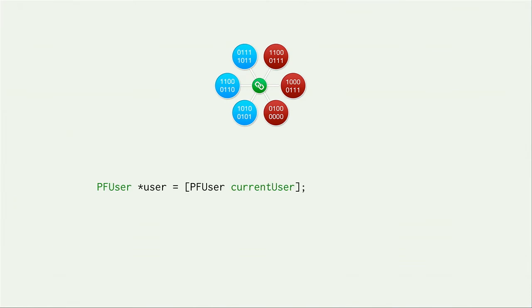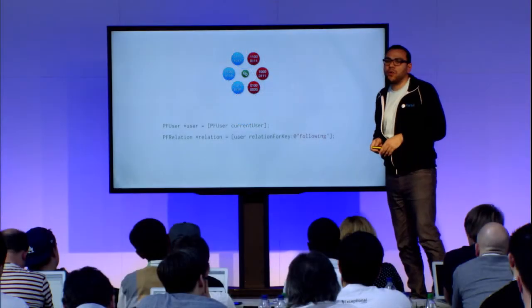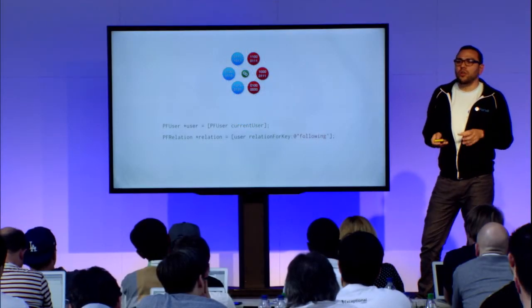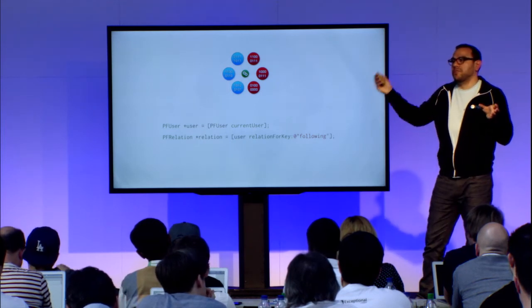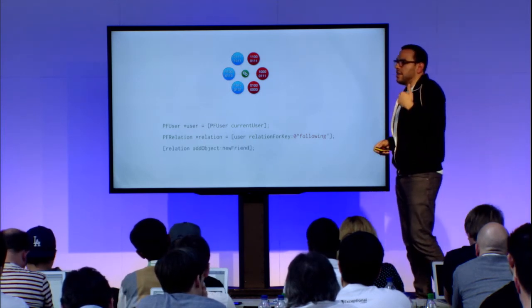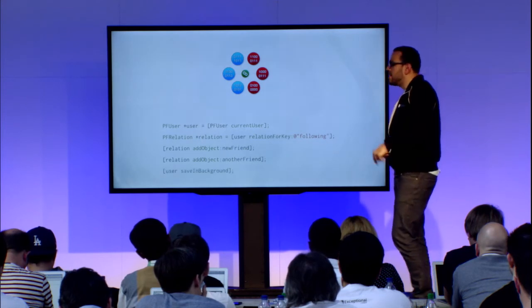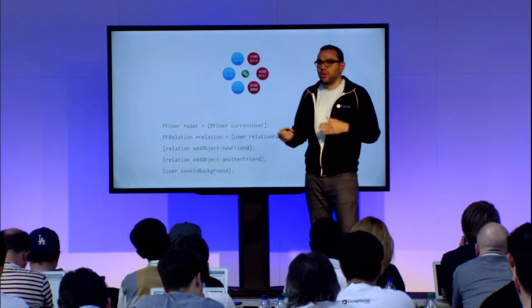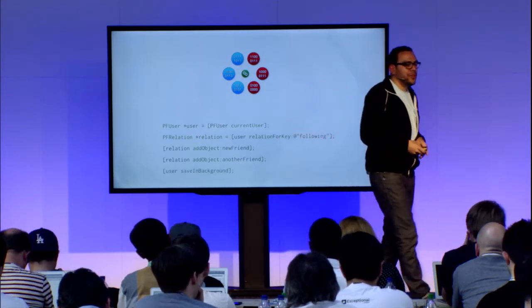So we actually have a PFRelation object. Basically, you say, I want to create a relation in this key, in the following key, which will basically hold a list of other users. I can just add users to that relation and save the user object, and that's going to take care of creating that join table for you.